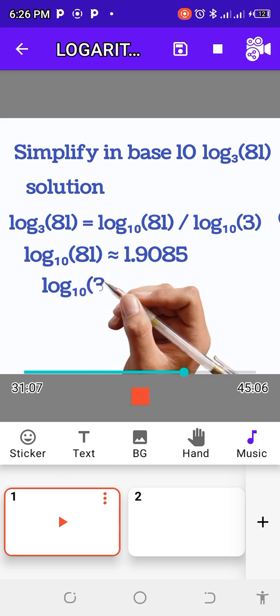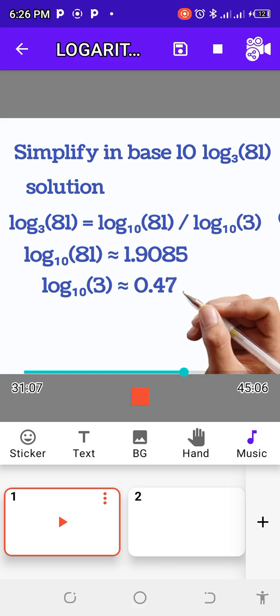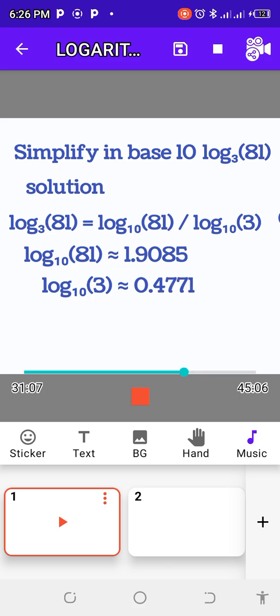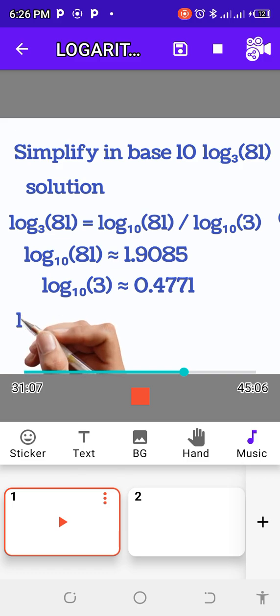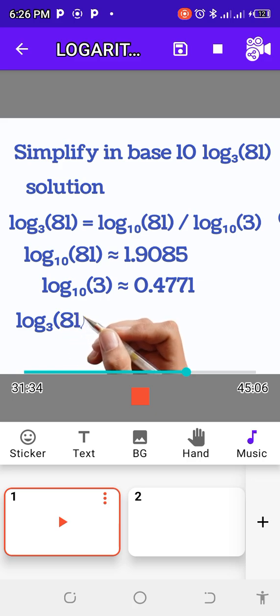Log 81 is equal to 1.9085 from the logarithm table, and log 3 is equal to 0.4771, also from the log table. And what are we going to do?